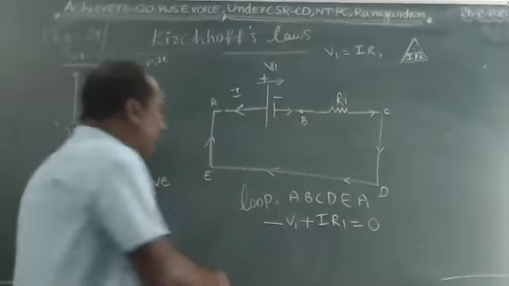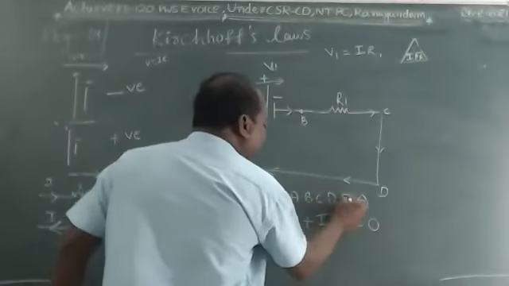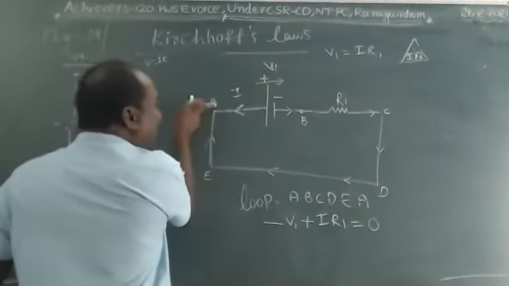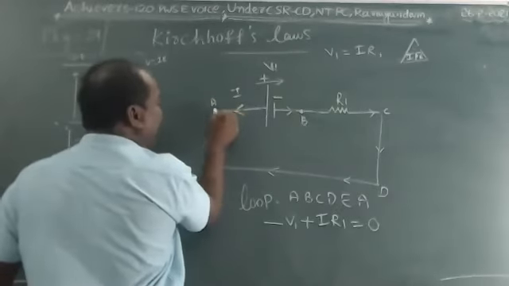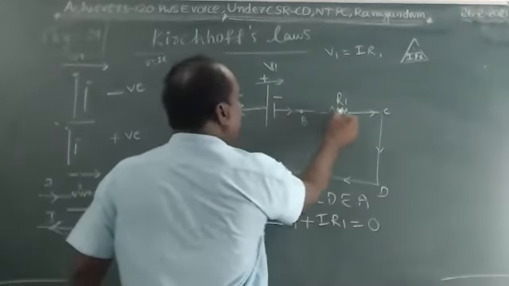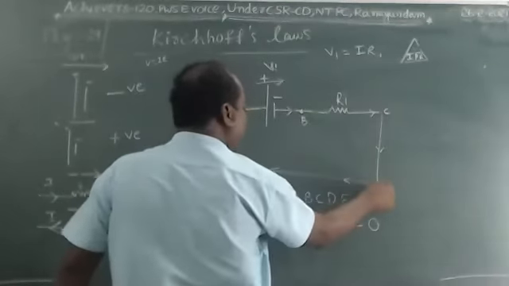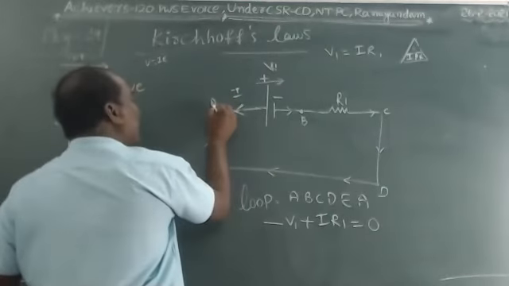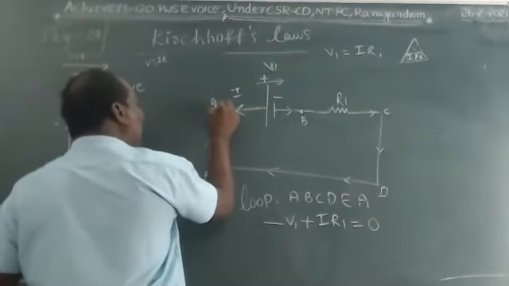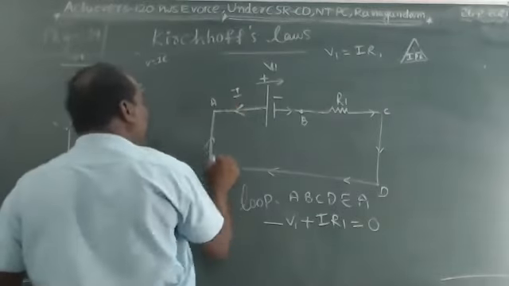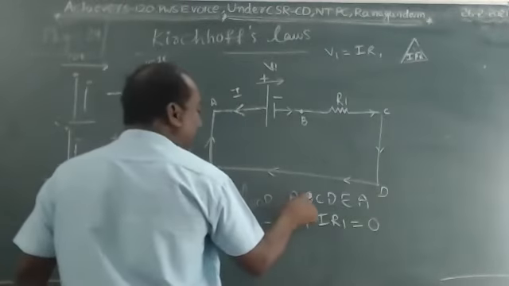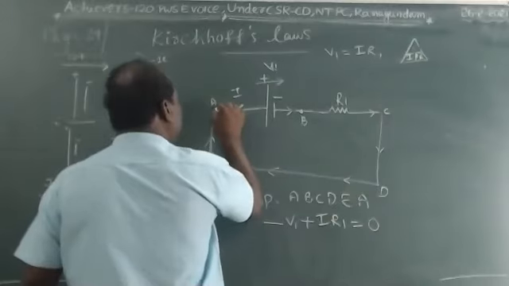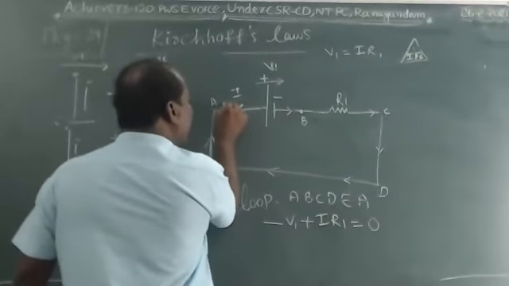So this is the loop: A, B, C, D, E, A. The potential difference starts from point A and ends at point A. It starts from here and moves in this direction.